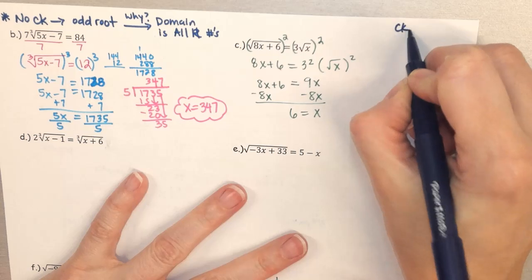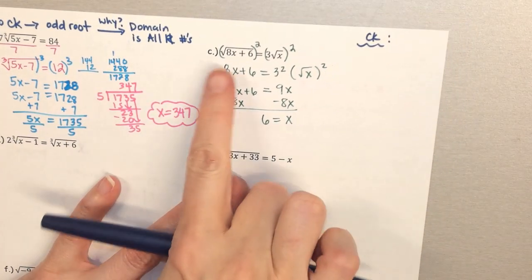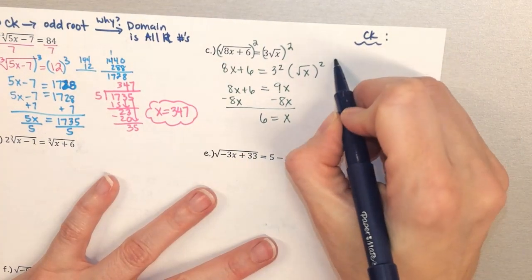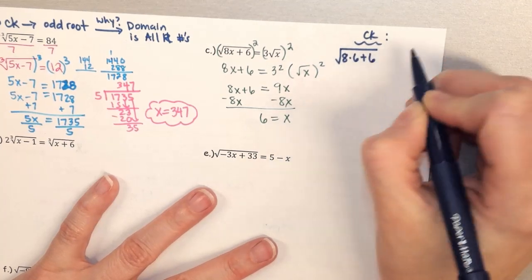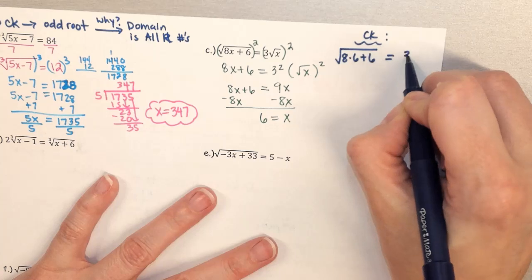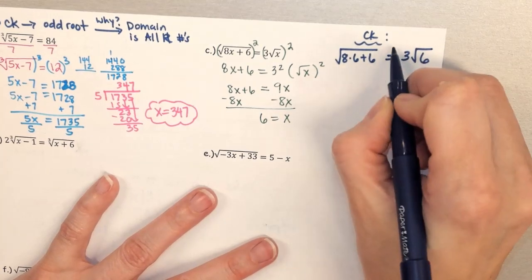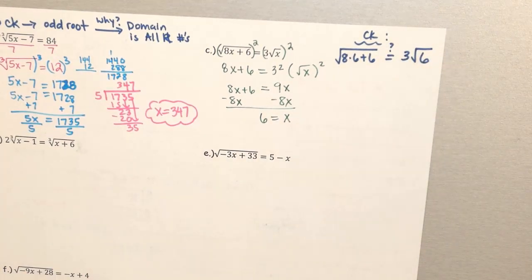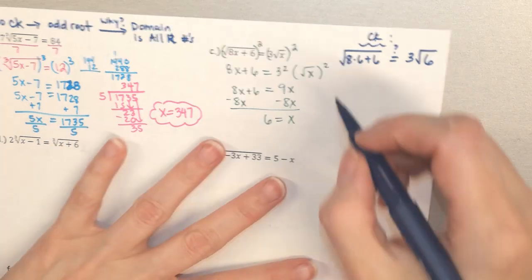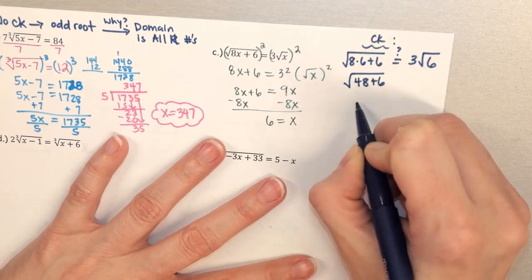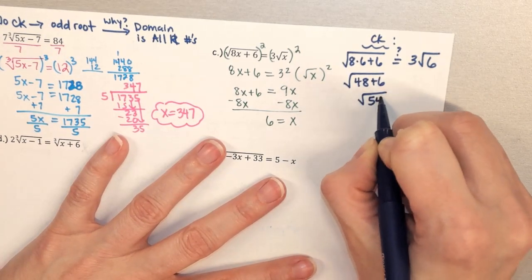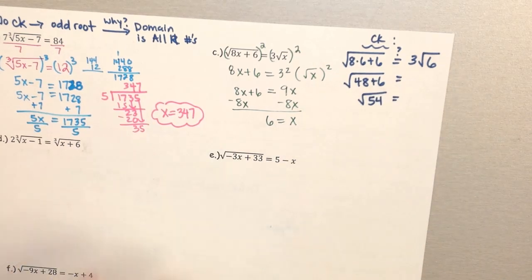So again, anytime you're doing the check, your first step should look exactly like this. So it's 8 times 6 plus 6 equals 3 root 6. And we don't know if they're equal, we're trying to prove that. Okay, so then we're just going to multiply. So some of us are just going to have to focus on slowing down a little bit. That can be a challenge, writing out our steps.